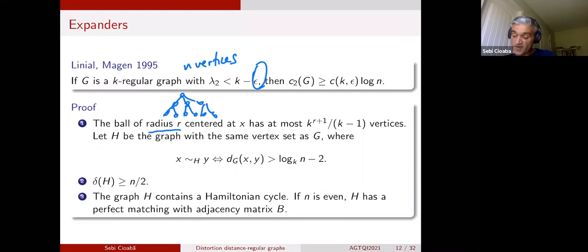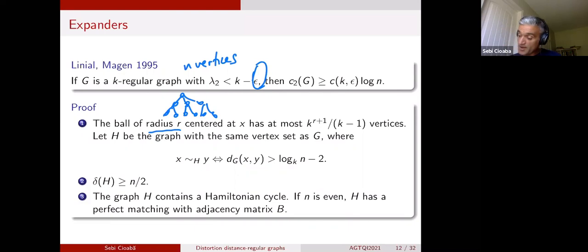And then they define a graph with the same vertex set as G. It's kind of like a distance graph, but X and Y are going to be adjacent in this graph H if they are far apart in the graph G. So if the distance between X and Y is at least log n in base k minus a little bit.